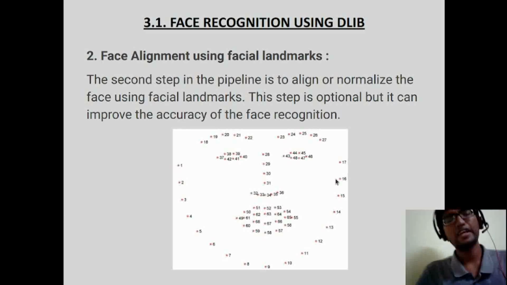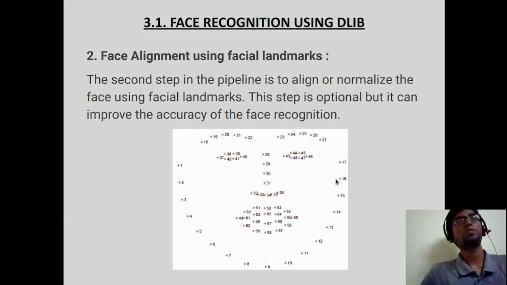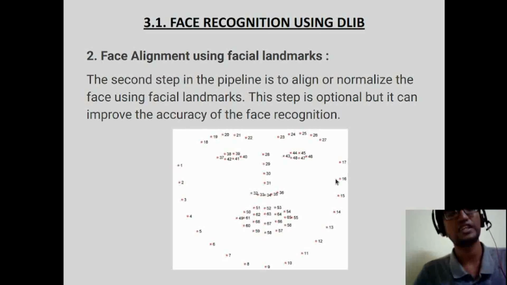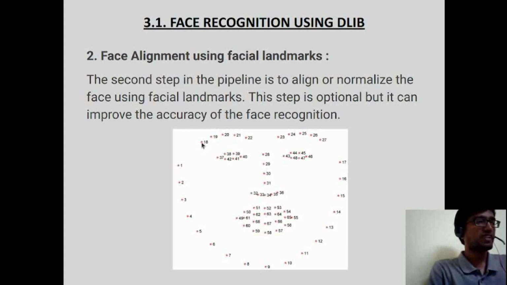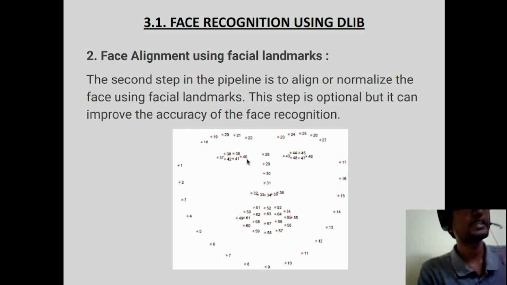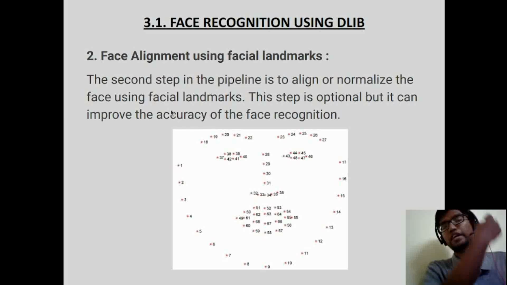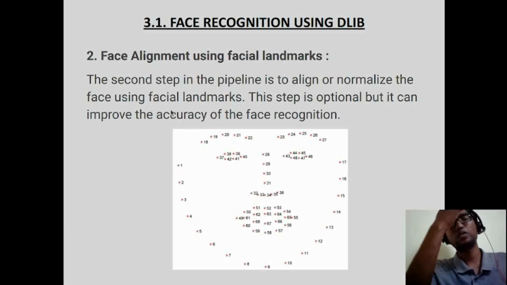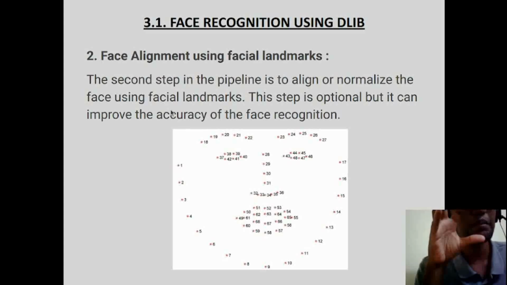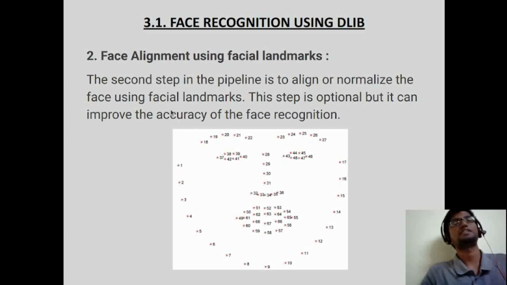Dlib is an OpenCV-related algorithm. These are the 68 landmarks, 1 to 68 landmarks. These landmarks are placed on each face, and we cut out the landmark region and identify the particular face.